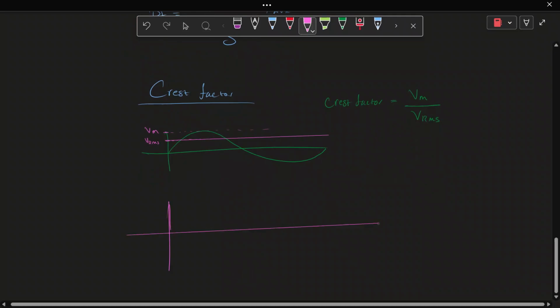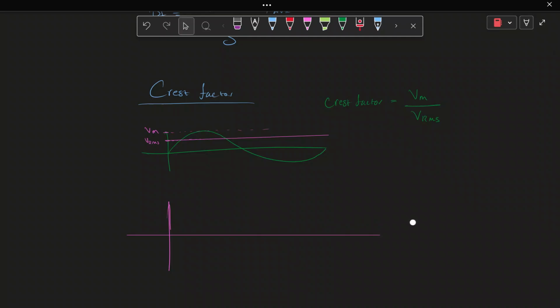So what if you have something that is much steeper, has a higher amplitude, but has a small period? Something like this. Just thinking about crest factor, what do we know? That means if we have our Vm here, our RMS actually is going to be much lower, somewhere here.